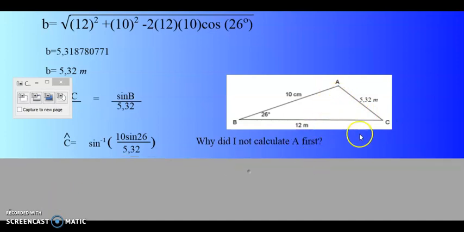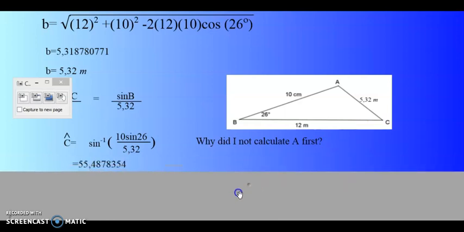So when I substitute my values, I get 10 sine 26 degrees over 5,32 centimeters. That gives me an angle size of 55,487. So 55,49, and if I have to do it to one decimal place, 55,5 degrees.